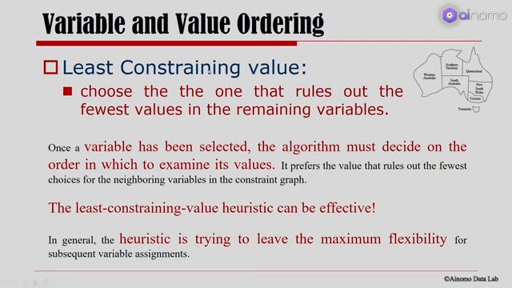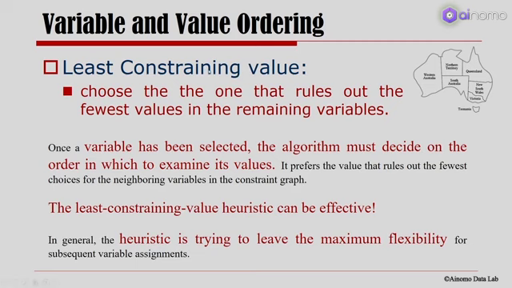We could now choose to color Q either blue or red. But we need to understand that blue is a bad choice, because it would then eliminate the only legal value possible for SA.